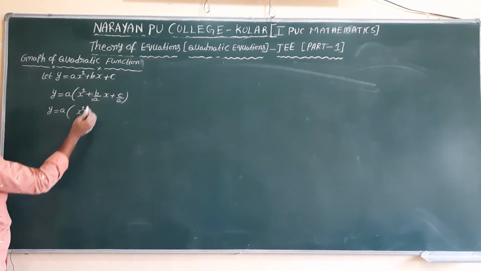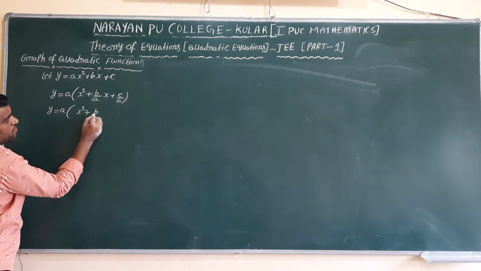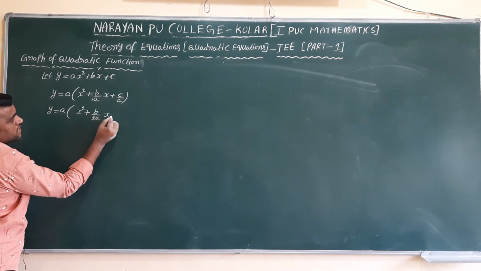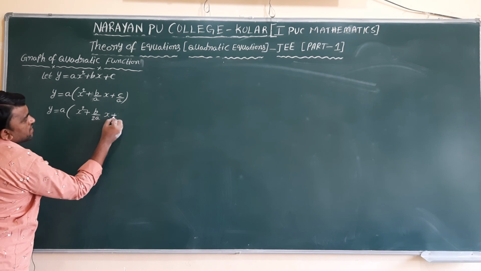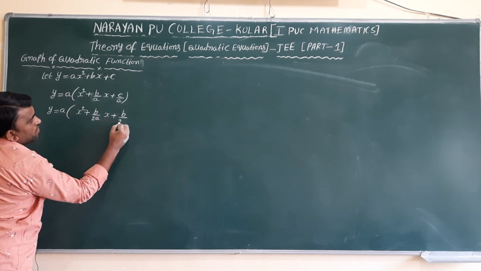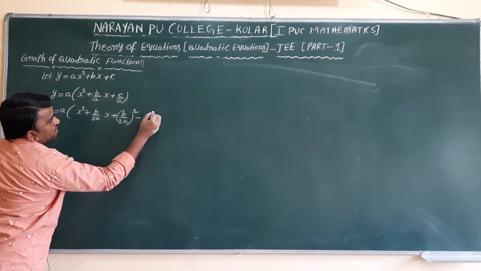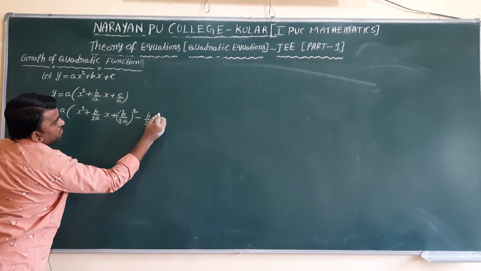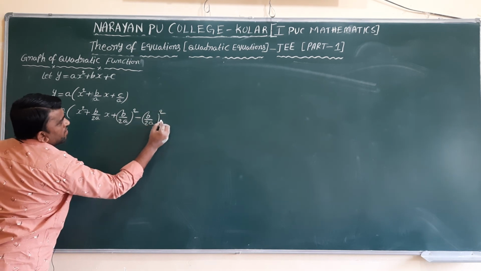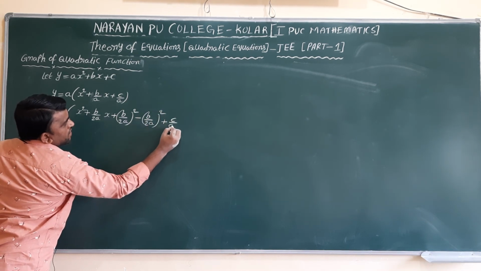Add and subtract the square: x square plus 2 into b by 2a x, plus b by 2a whole square and minus b by 2a whole square, plus c by a.